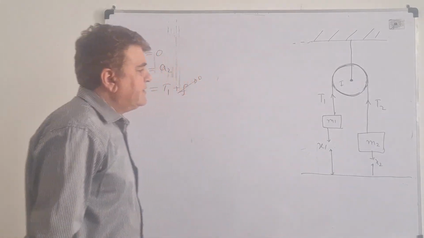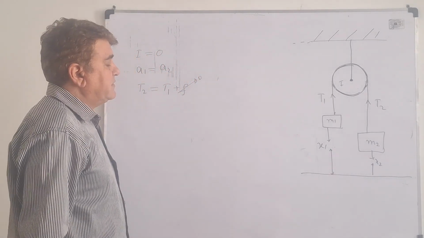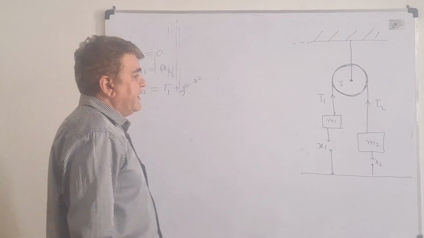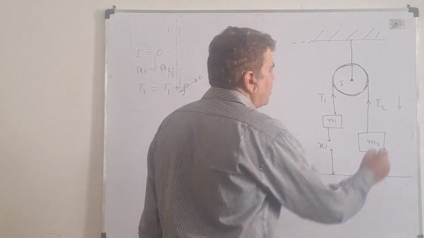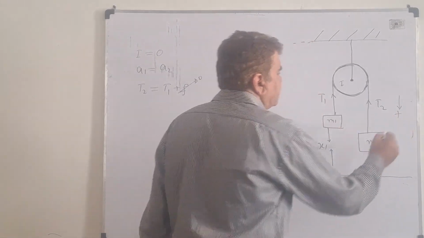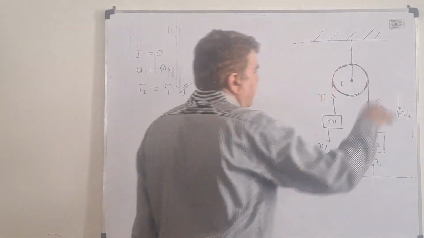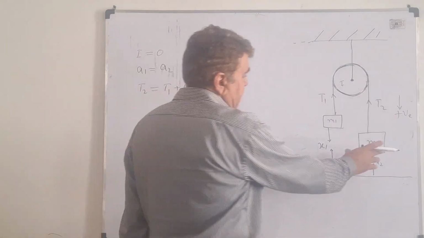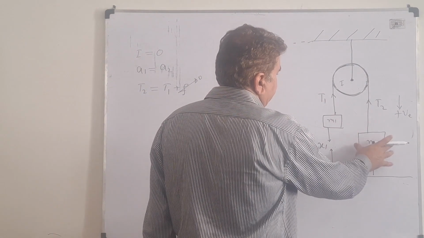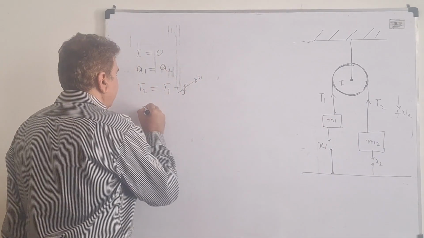Then I find the net forces on each mass, and for that I consider the downward direction positive. You can take the upward direction positive or the downward direction positive. And secondly, as obvious from the diagram, M2 is greater than M1.